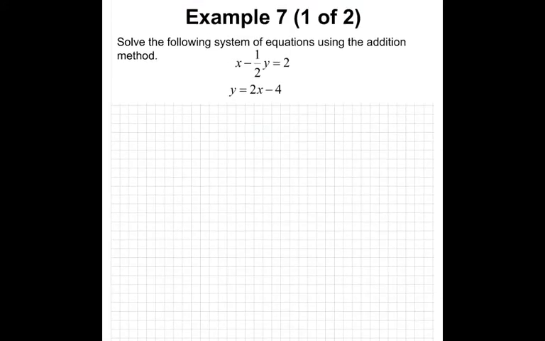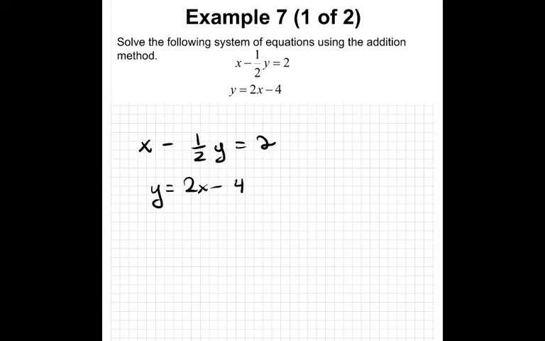So we're asked to solve the system. Let's do the same thing. Start by getting a copy of the original. x minus 1/2 y equals 2. We also have y equals 2x minus 4. I don't know why they did it this way, but let me start by getting them to look similar.